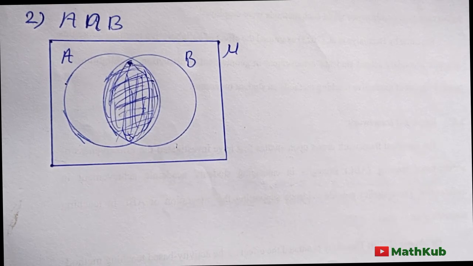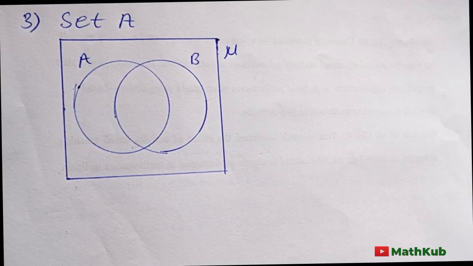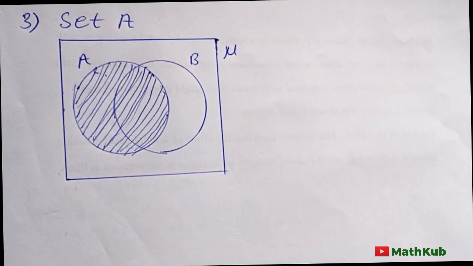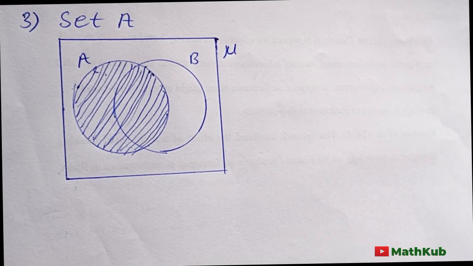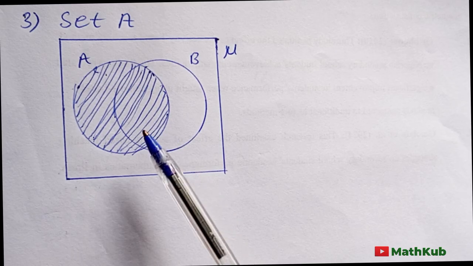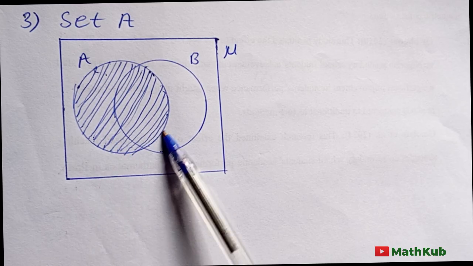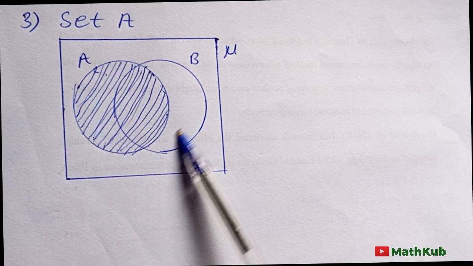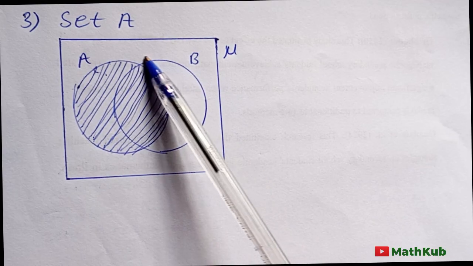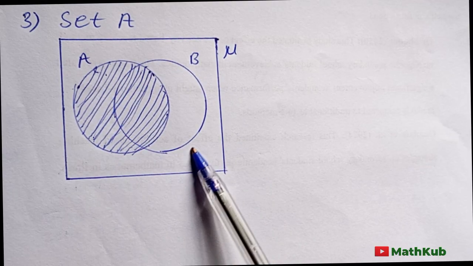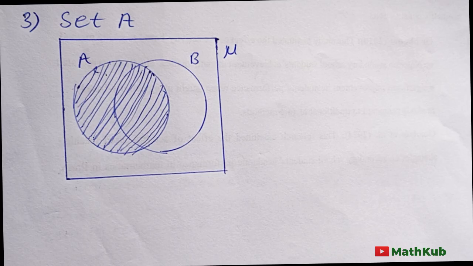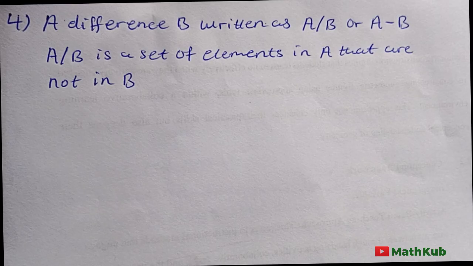That is A intersection B. And now the third one, set A. The shaded region is set A. From this diagram, since this is set A, automatically this is set B.